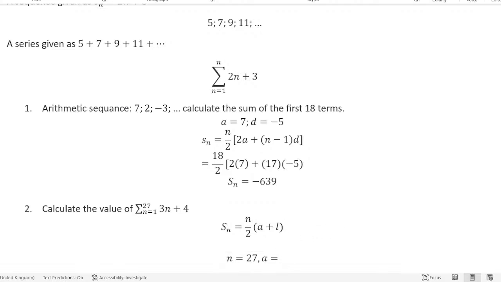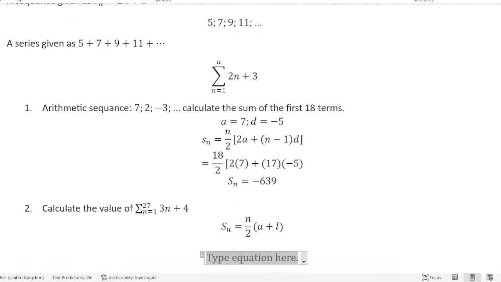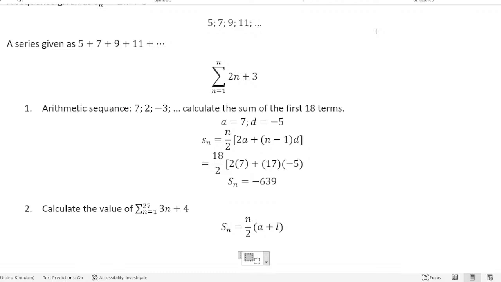So you want to get the first term. Remember, our general term formula says Tn equals a plus (n minus 1) into d. But now, Tn in this case is equal to 3n plus 4.